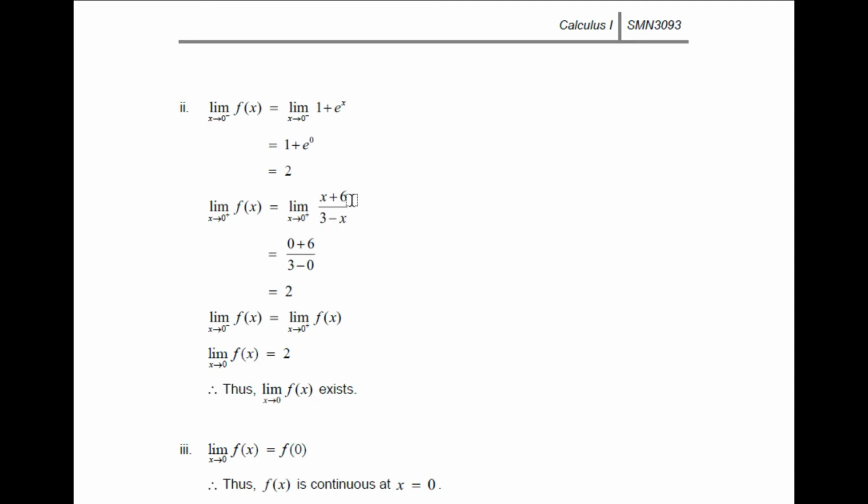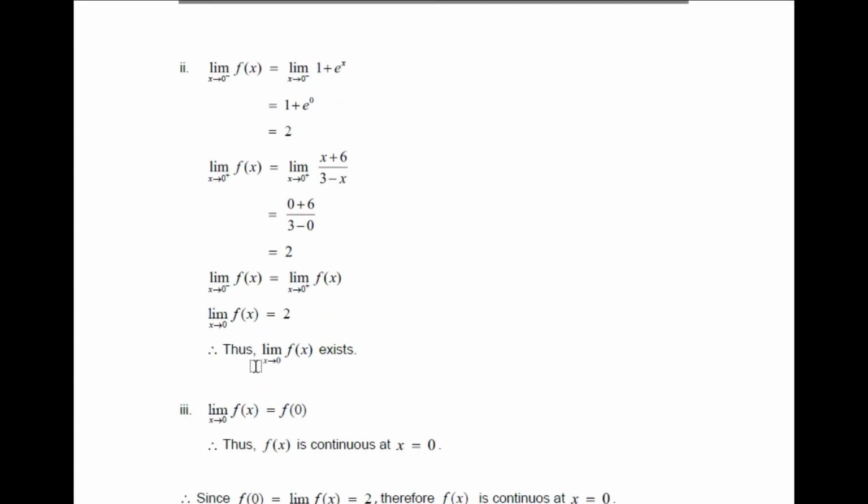The applicable formula for x approaching 0 from the right is (x plus 6) over (3 minus x). We solve this limit and we get the same answer, 2. Then we can conclude that the limit of f(x) as x approaches 0 from the left is equal to the limit as x approaches 0 from the right, where the limit of f(x) as x approaches 0 is equal to 2. Thus, the limit of the function as x approaches 0 exists.